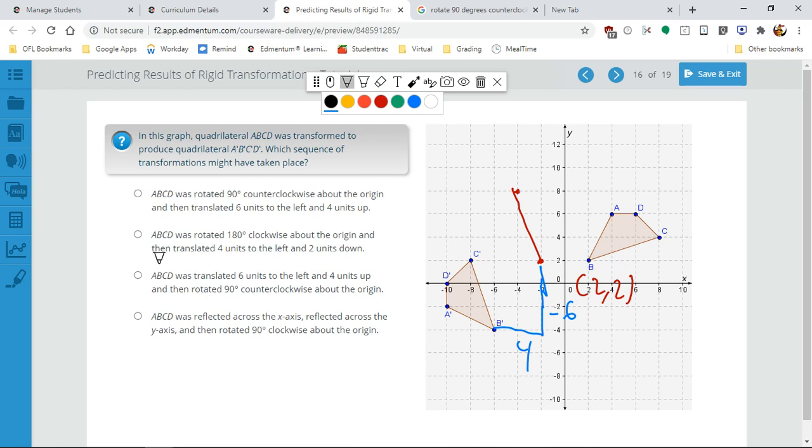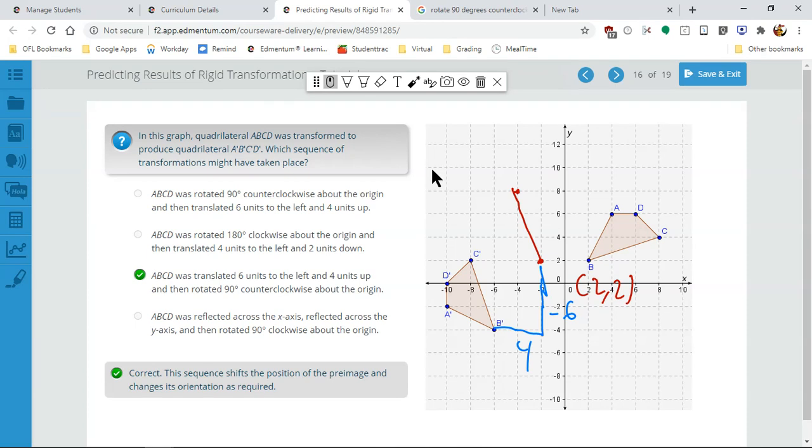That's wrong. Rotated 90, reflect over the x-axis, then translated 6 units to the left, 4 units up. Oh, or they're doing it backwards. They're like, let's move it 6 units to the left and then 4 units up. So they did it a little backwards than I did it, but you'll still end up with the same thing.